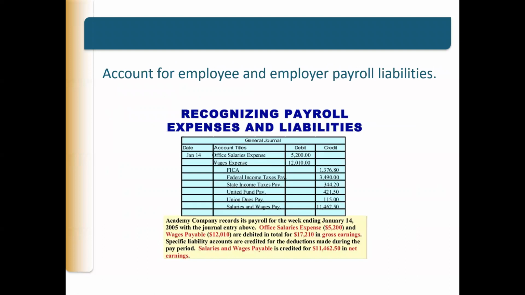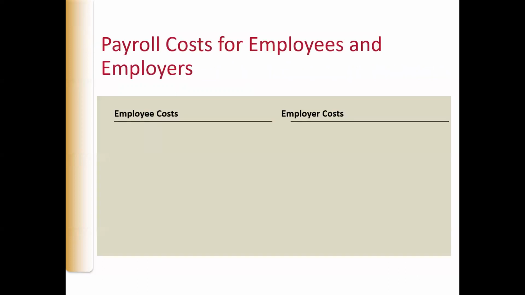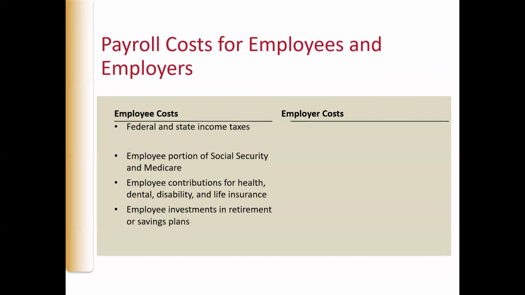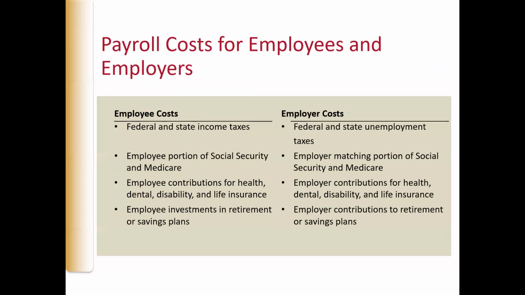So now we're going to get to one of the pieces of importance in this chapter, which is related to payroll. So payroll involves employees and employers. Now the employee has to have federal and state income taxes taken out of their paycheck.